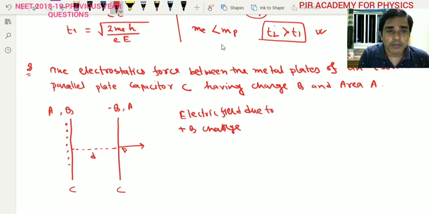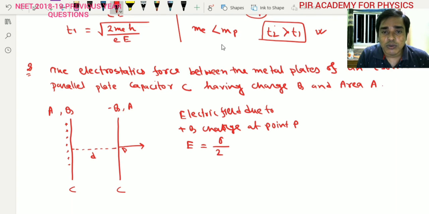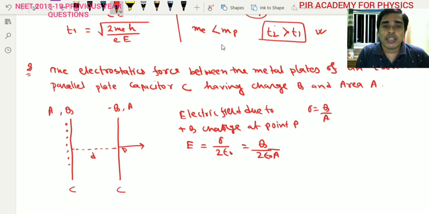At point P, E is, as we know, sigma by 2 epsilon naught. What is sigma? Sigma is q by A. So it will be q by 2 epsilon naught A. So the electric field at point P is q by 2 epsilon naught A.